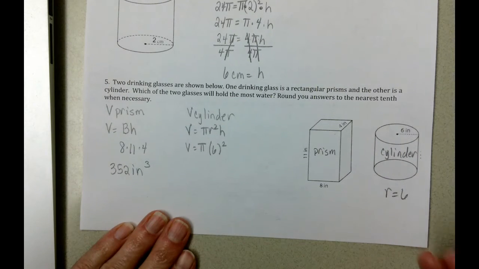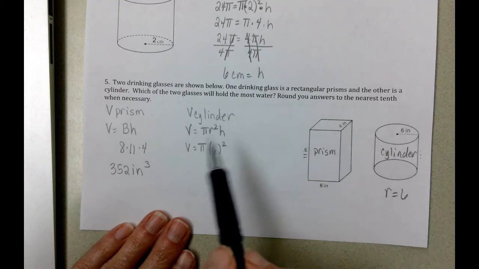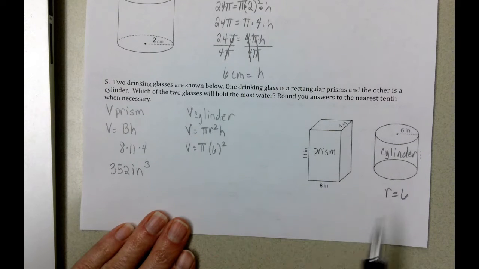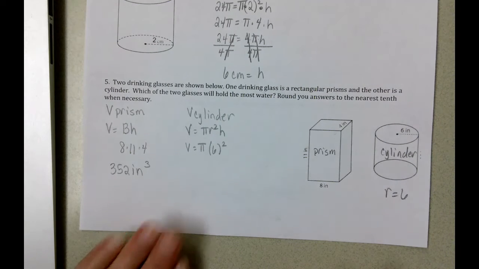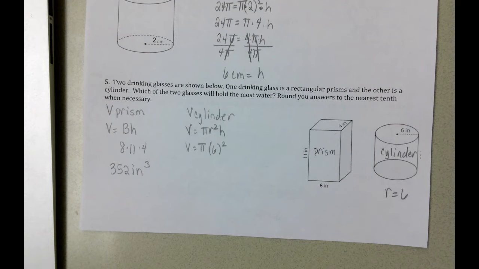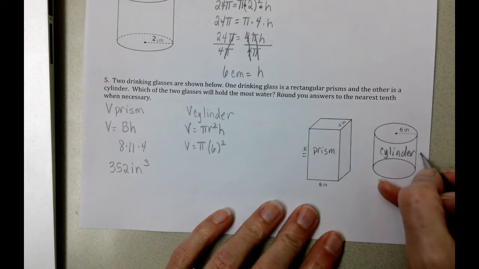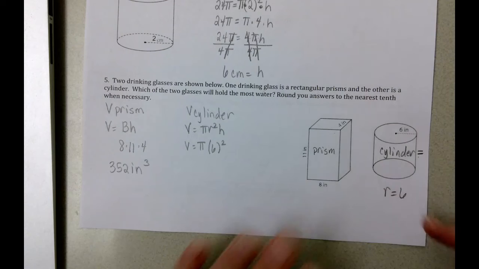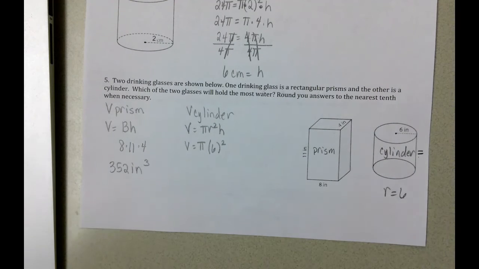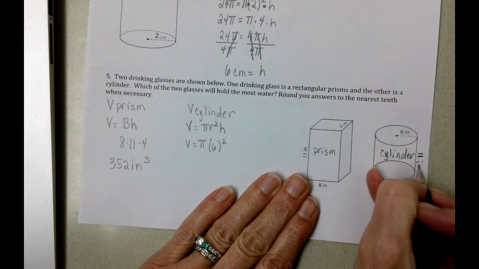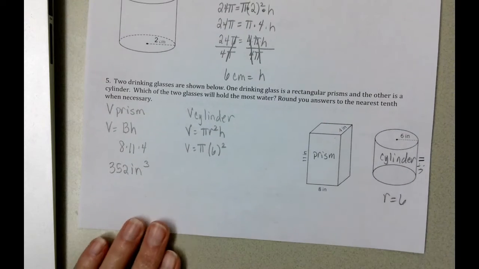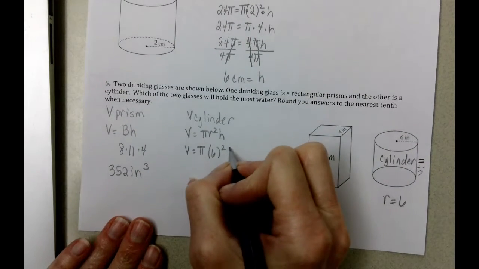Let's see, 2 drinking glasses are shown below. One drinking glass is a rectangular prism and the other is a cylinder. Which of the 2 glasses will hold the most water? Round your answer to the nearest tenth. You can't see it on my paper, I hope you can see it on yours, but this says 11 inches, so now we've got our height.